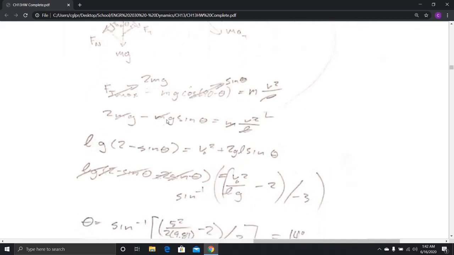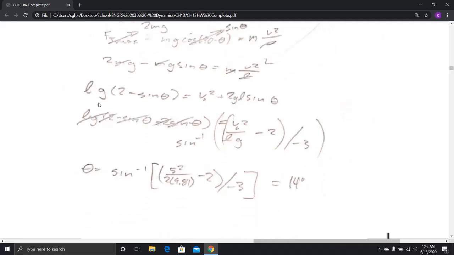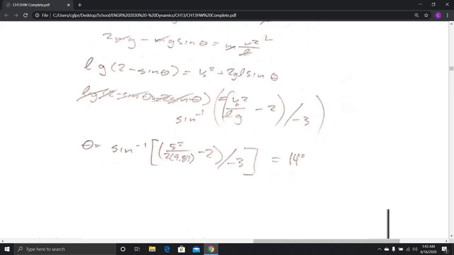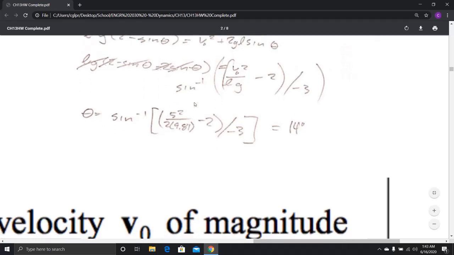I'm able to cancel out my masses since they are all the same, multiply by the length, do some factoring, get the sines on both sides, then divide by Lg minus the 2, and divide by -3, because I end up with -3 sine here. Take the arc sine, and I get that that angle is 14 degrees.